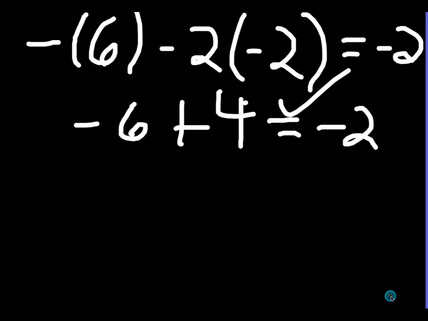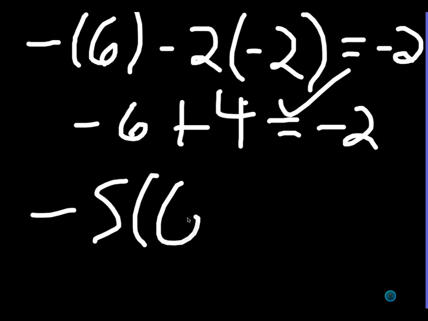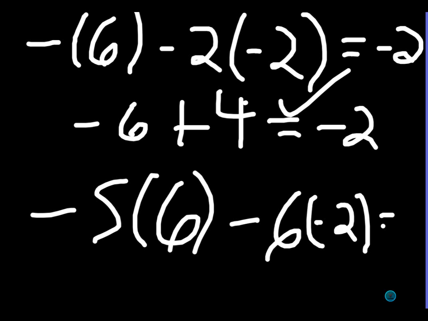We can also plug those numbers into the bottom. The bottom equation was -5x, and we plug in 6 for x, minus 6 times -2. And that should equal the original -18.